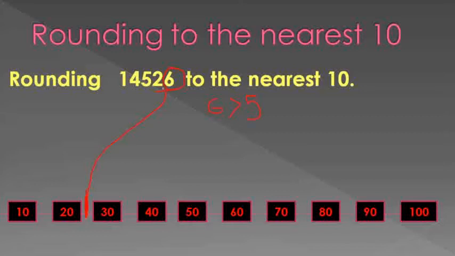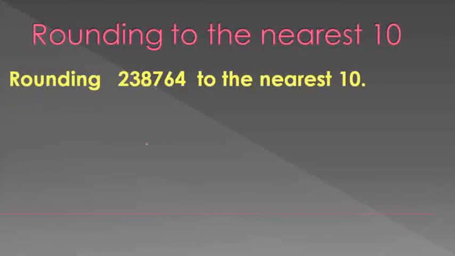So we will convert this 26 to 30. We will change this 26 to 30. So the number will become 14530. No change in 145, we just change 26 to 30. We round up this number. Now I am moving towards the next example.